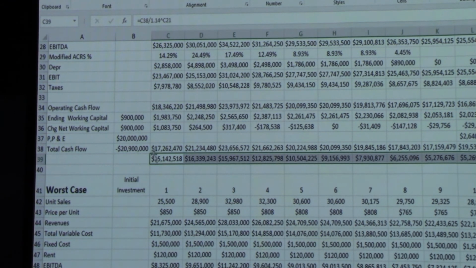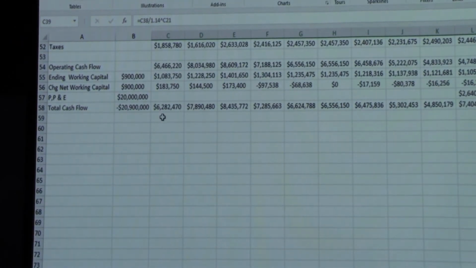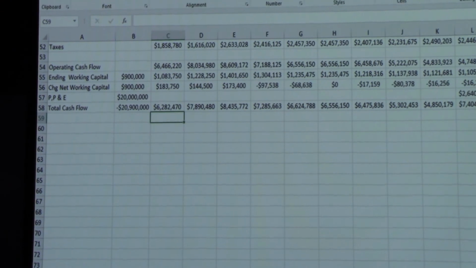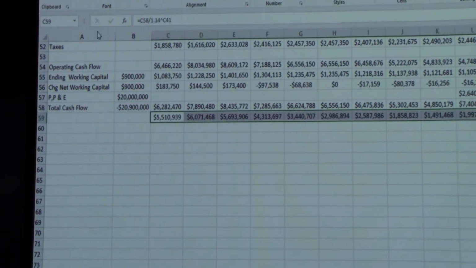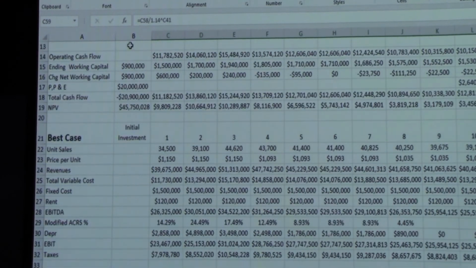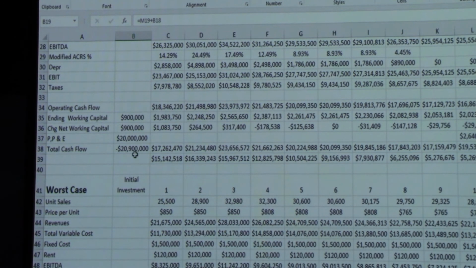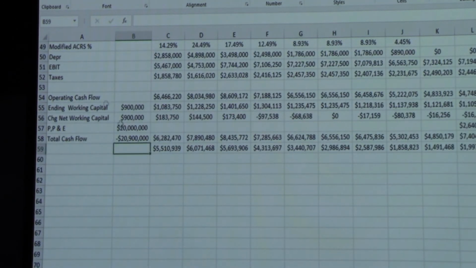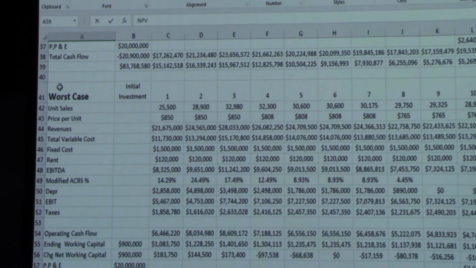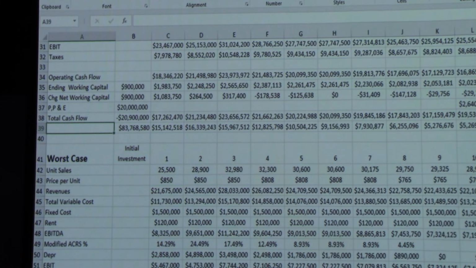And so let's go ahead and copy that one more time and put it here. Okay. And we can go ahead and copy our net present value formula and put it here and put it here. We'll call this NPV. And NPV.